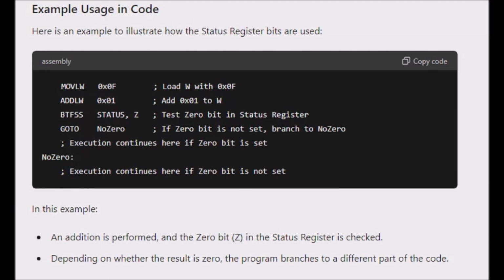Anyway, in this example, an addition is performed and the zero bit Z in the status register is checked. Depending on whether the result is 0, the program branches to a different part of the code.